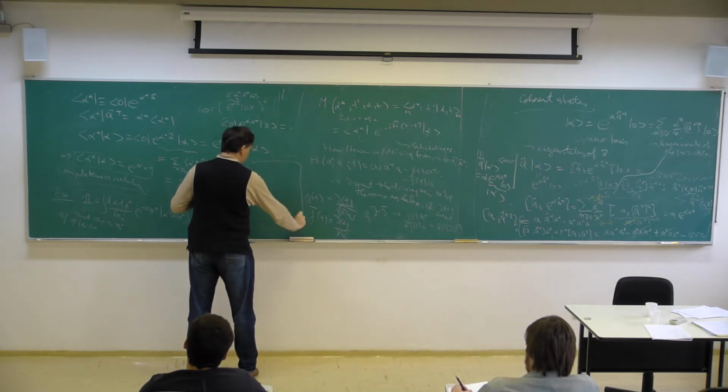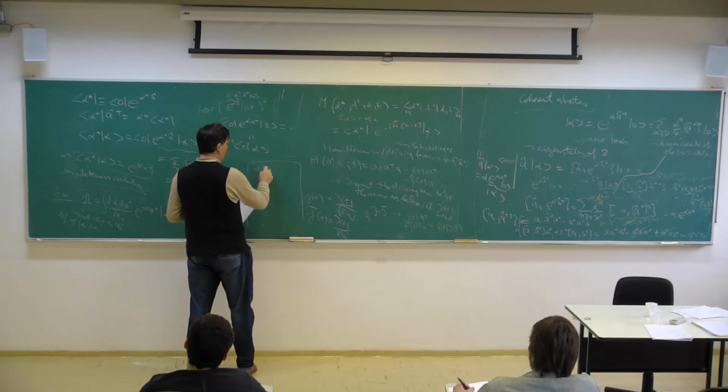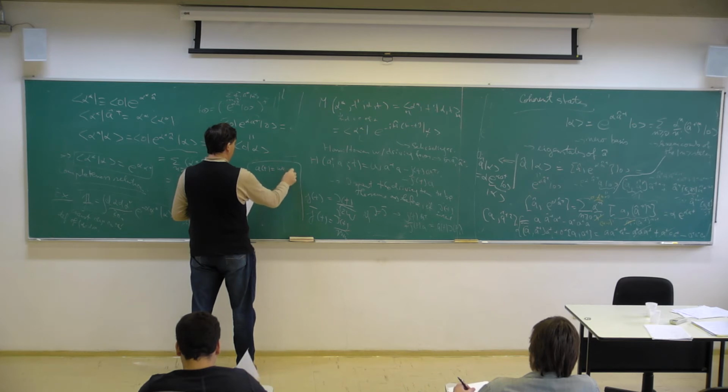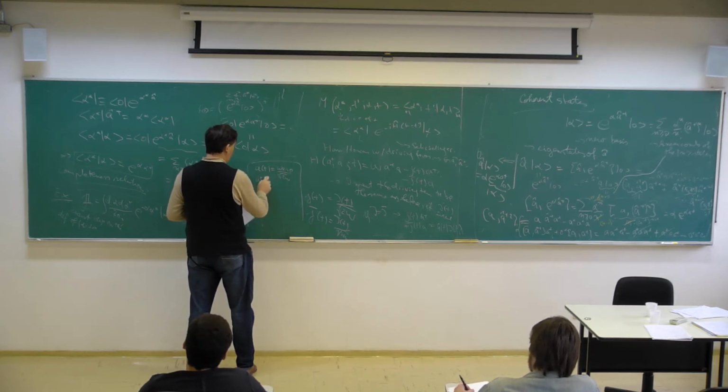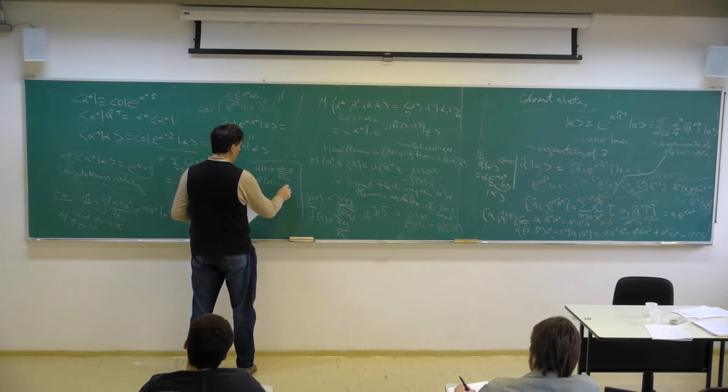In order to see that, we remember that A of t was omega Q minus iP over square root 2 omega, and so A dagger of t is omega Q plus iP over square root 2 omega.